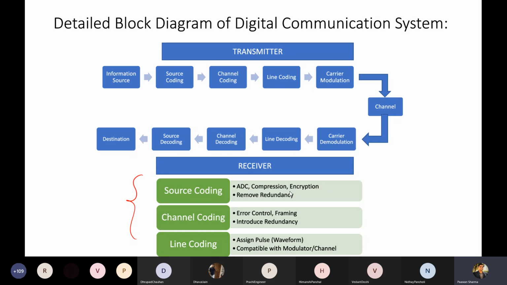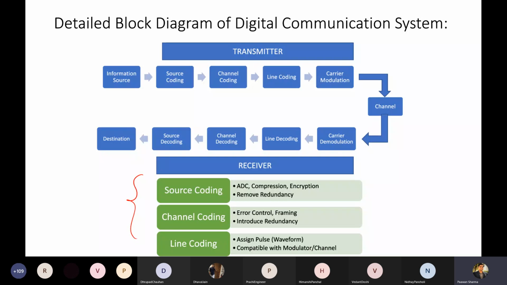Those are redundant. Redundant things can be removed. They are not usable. So in source coding, our aim is to achieve good performance. Good performance means if you can remove unnecessary bits, unnecessary information, that will help you transmit more data. That is the aim in source coding.